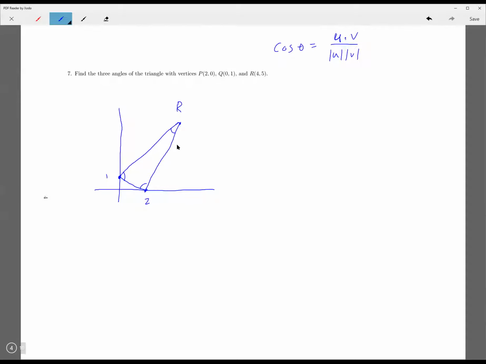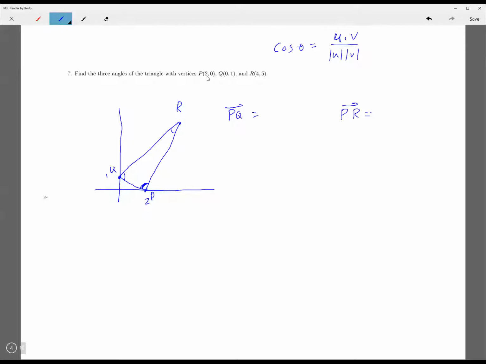Because this is finding a whole bunch of angles, maybe we'll just find one angle. The first one is RPQ, so this angle here. What you do is you start from that point and you go to Q. That's one vector. Then you start from P and go to R, and that's another vector.